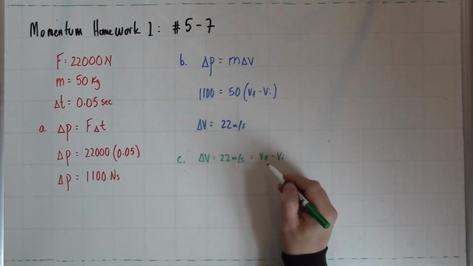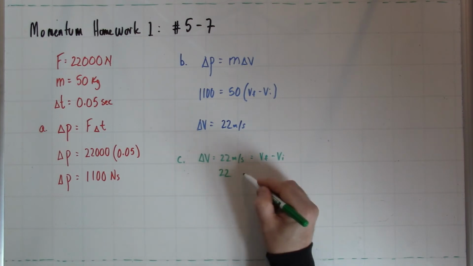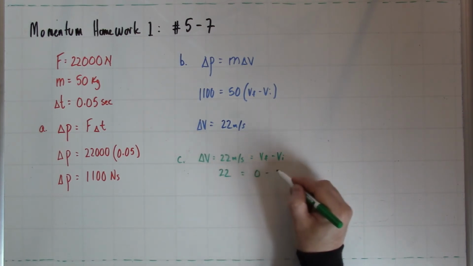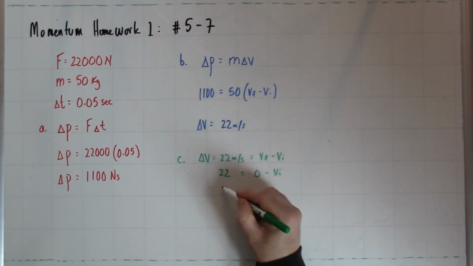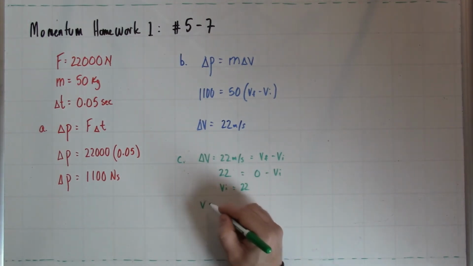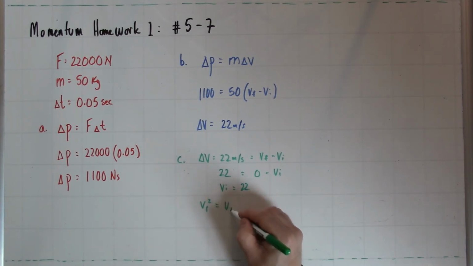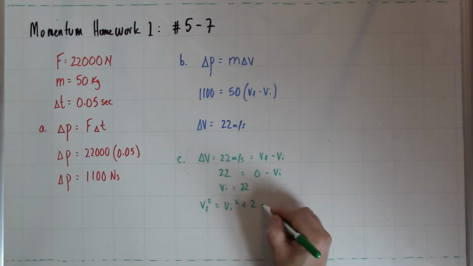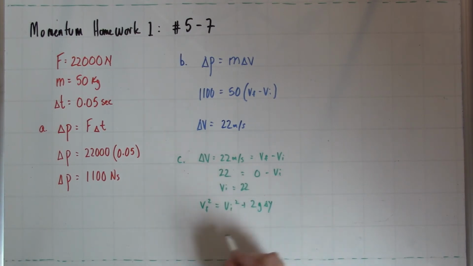So if 22 is equal to 0 minus V initial, I know that the initial velocity is equal to 22. So go back to that equation we used on the last one, V squared is equal to V initial squared plus 2g delta y.